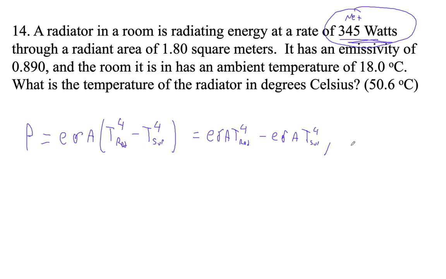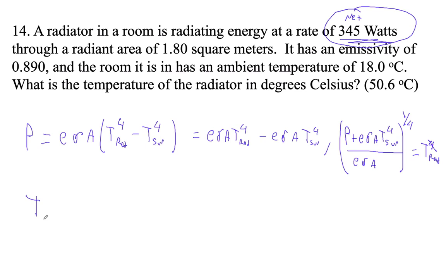So we get the power plus E sigma area, temperature of the surroundings to the fourth, divided by E sigma area. That's going to be the temperature of the radiator to the fourth. So all we have to do is take the fourth root of this, raise this to the 1/4 power, and we'll have the temperature of the radiator.